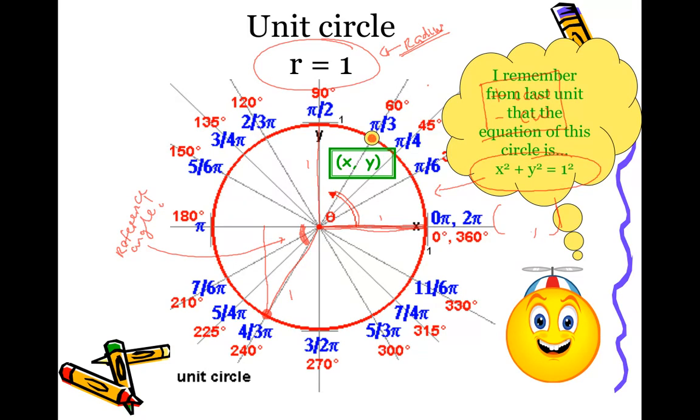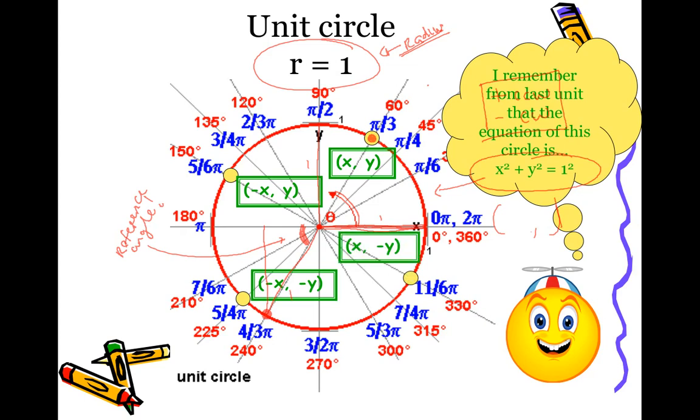In that first quadrant, my x and y are going to be positive. What's going to be true if I picked a point over here in quadrant 2? My x is going to be negative and my y is going to be positive. What about quadrant 3? They are both going to be negative. And in quadrant 4, x will be positive and y will be negative. This is going to be good for us to remember. It's centered at 0, 0.